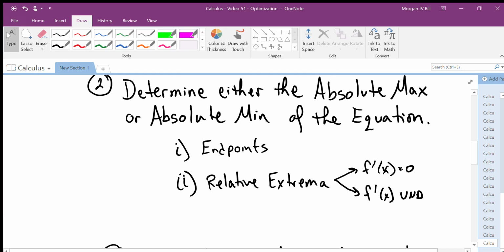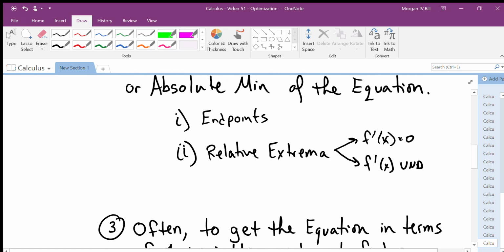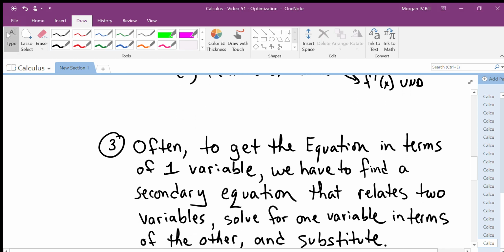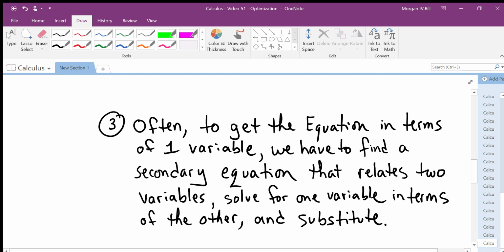That's the general idea. However, step 3 here, and actually we shouldn't really call them steps because step 3 often comes before step 2. Once we have the equation, there are times when our equation is in terms of multiple variables. We've seen that maybe over in related rates, where we might have a volume equation, say for a cone is 1/3 pi r squared h.